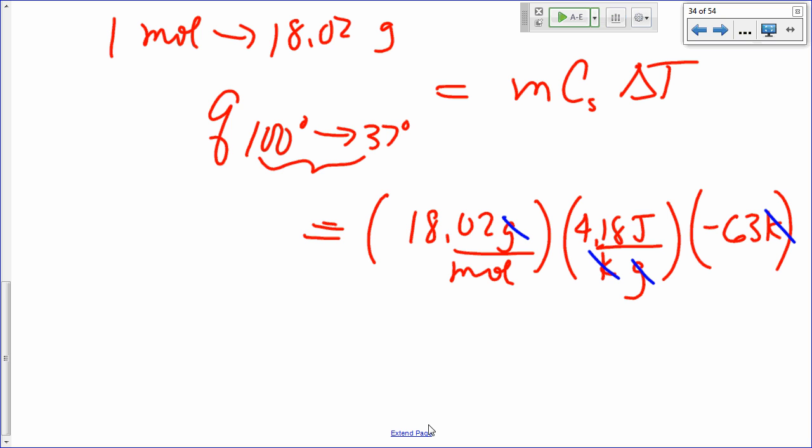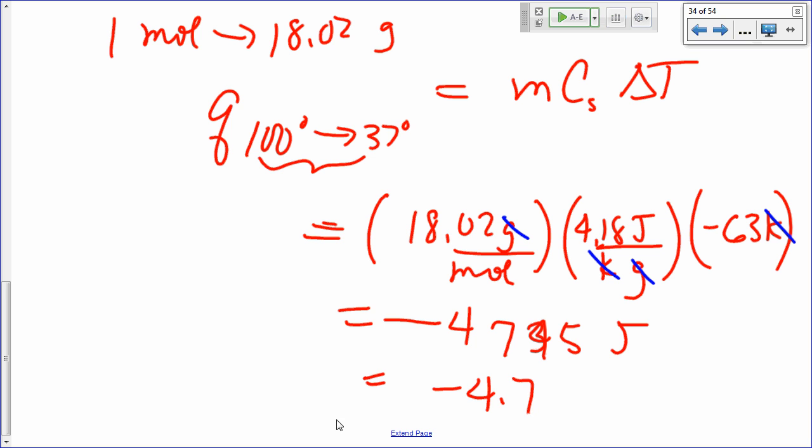Kelvin cancels out. So that gives me how many joules per mole? 18 times 4.18 times 63. That's negative 4,745 joules. So in kilojoules, that would be negative 4.7 kilojoules. I moved my decimal point 3 places.